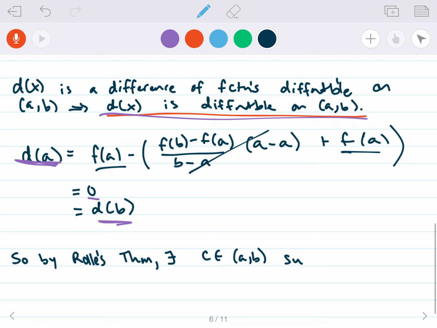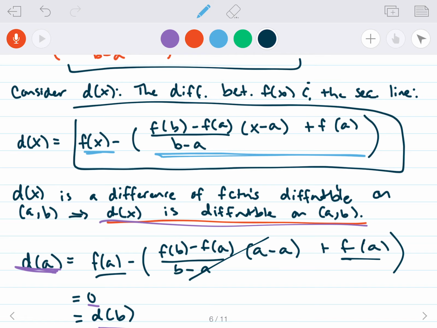Now, if we go back up to d of x and we take the derivative of this function with respect to x, I take the derivative of the pieces, right? So d prime of x is going to be f prime of x. This guy's constant.